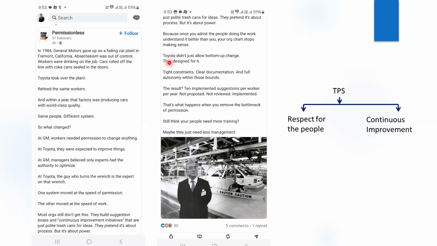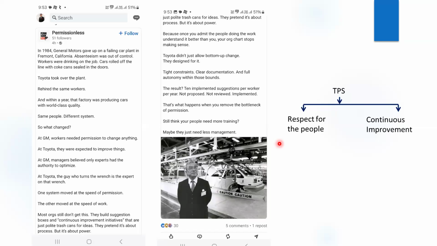Here again it is mentioned that Toyota didn't just allow bottom-up changes, they desired it. Tight constraints, clear documentation, and full autonomy within those bounds. The result is 10 implemented suggestions per worker per year, not proposed, not reviewed, implemented. Toyota changed things because in Toyota we are allowed to use our brain.